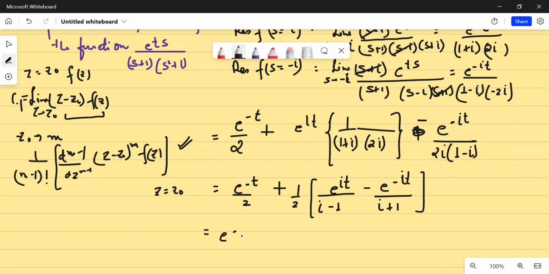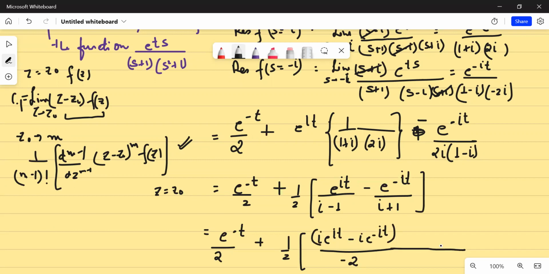So this will account for e to the power minus t by 2 plus 1 upon 2. Then you take the LCM for this. This will become minus 2. And here you will get iota e to the power iota t minus iota e to the power minus iota t.